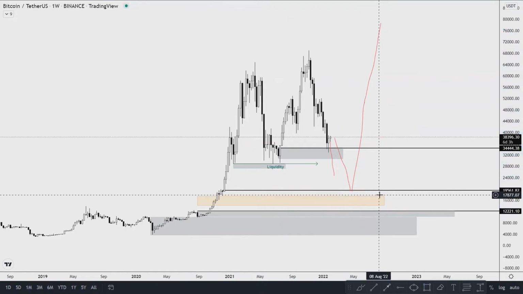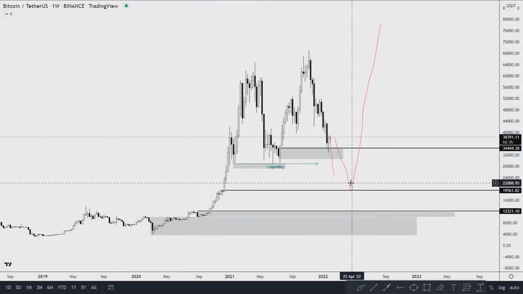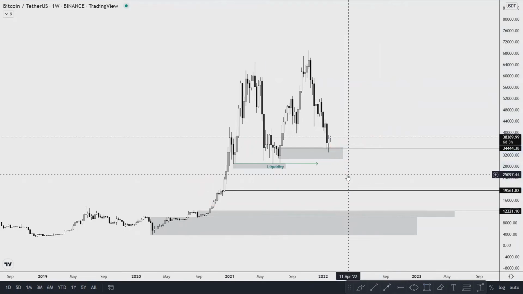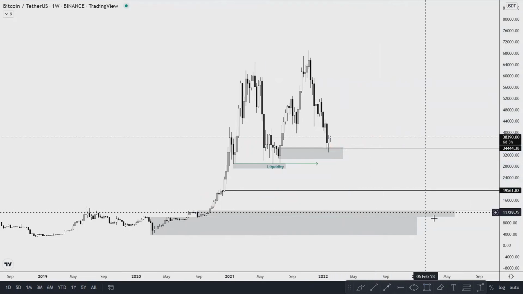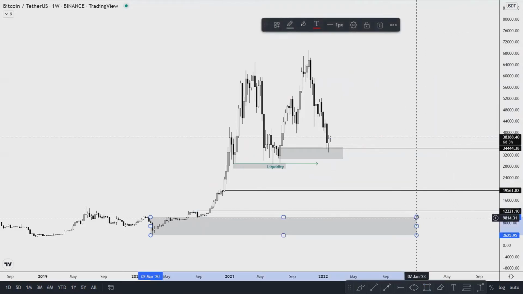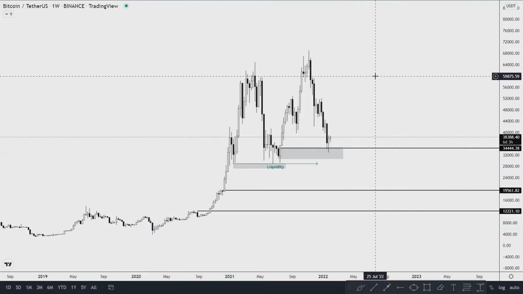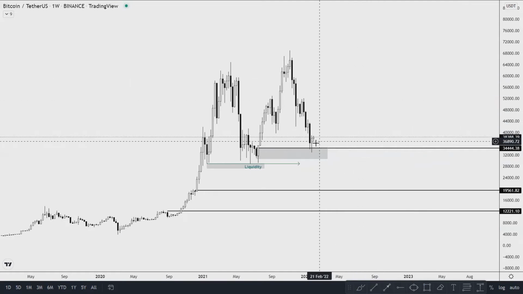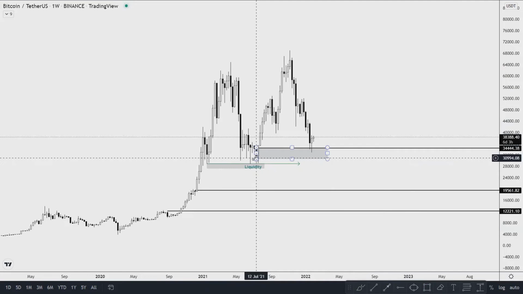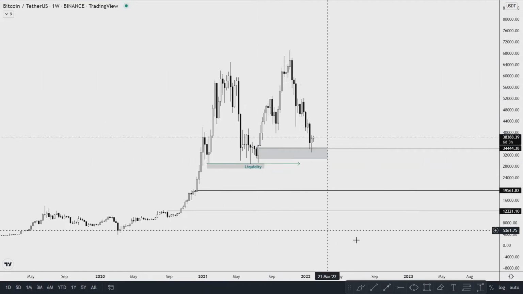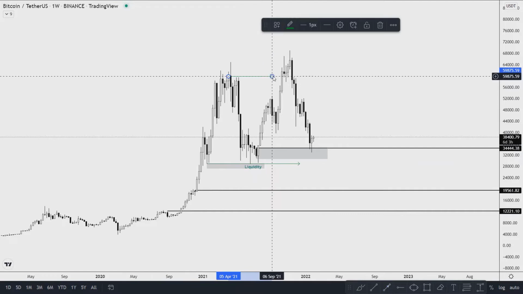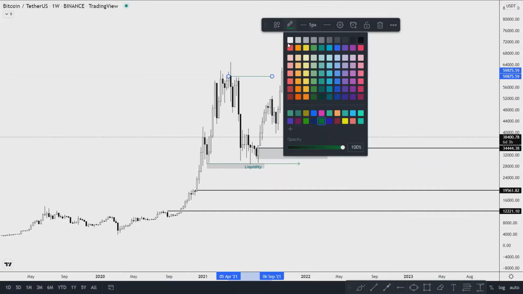But so far, with the way price has been behaving recently, it seems like it's going to be bearish for a while. No signs of any strong bullish action in my opinion. But you can see so far it's holding up, hasn't broken below this low, and it's made a higher high right there.